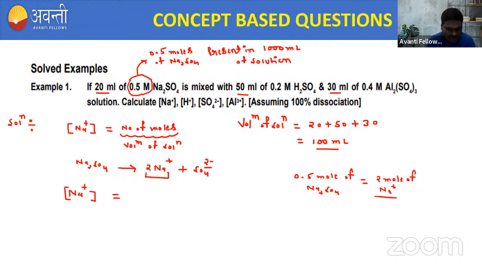So we can calculate like this: 20 divided by 100, so it comes out to be 0.2. We can say 0.2 molarity. So this is the concentration. This is how you get the concentration of Na+ ion.